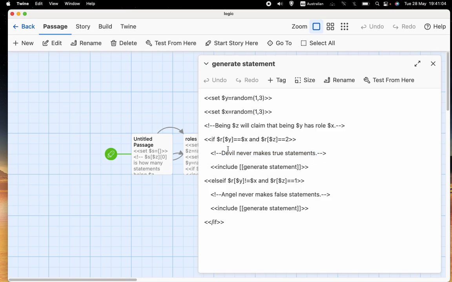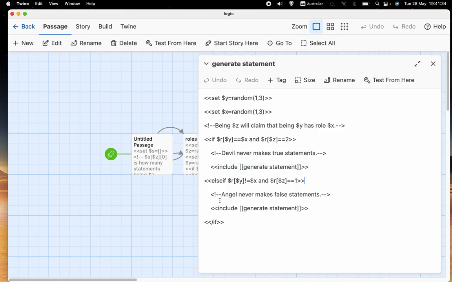So if RZ is equal to 2, in other words, if the being that's speaking is the devil, and RY is equal to X, in other words, the claim is true, then that's the devil making a true statement. So we need to include generate statement. That is, we need to go to the top of the page and redo X and Y.